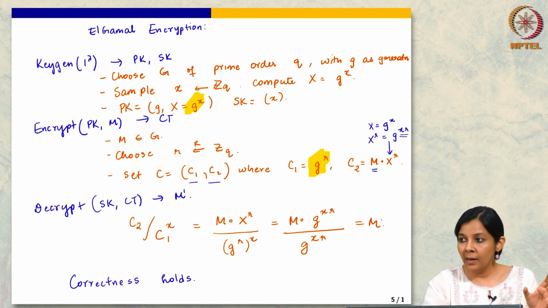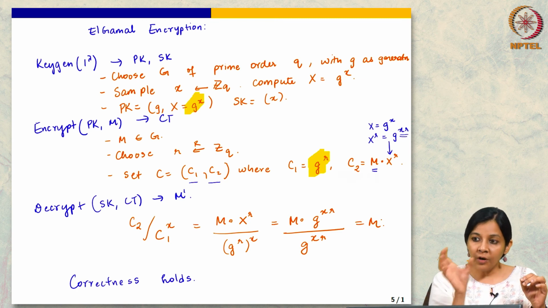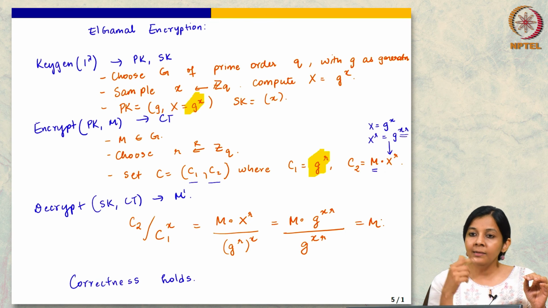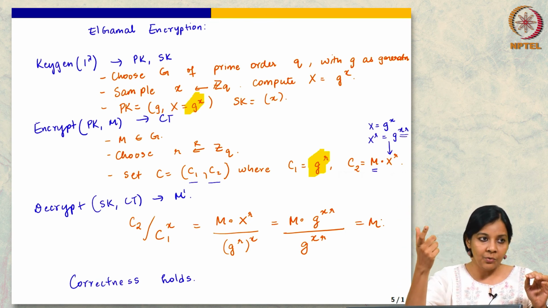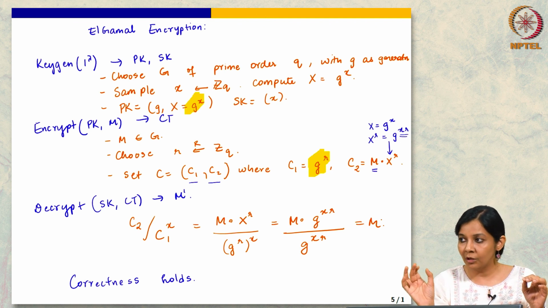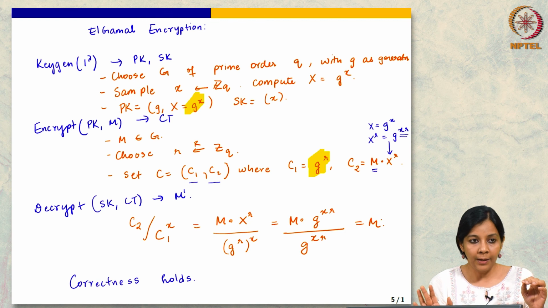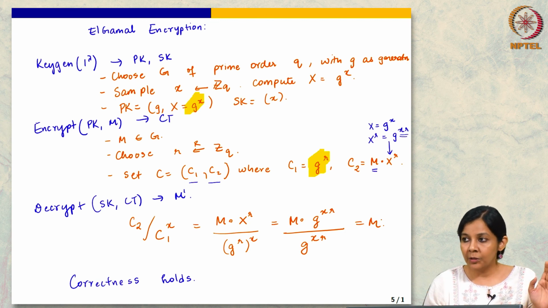So, this is my encryption, and obviously I can reverse this process and recover the message if I have the original discrete log, because the first component of the ciphertext is g to the r, and just as in the key exchange, I can raise that to the x, get g to the rx, which is my masking term for the message, so I can cancel those out. Okay. So, this is my encryption scheme.